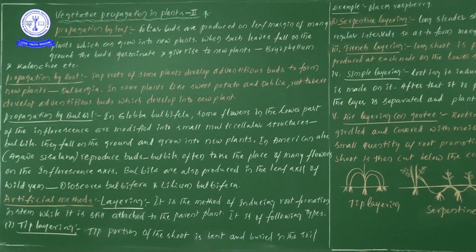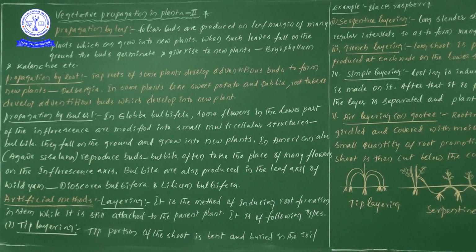This kind of example can be seen in Bryophyllum, Begonia, and Scilla indica. Bryophyllum I have written, KURINJI I have written, along with these two. Scilla indica you can take, and one more is Begonia. Try to save Begonia in your mind.